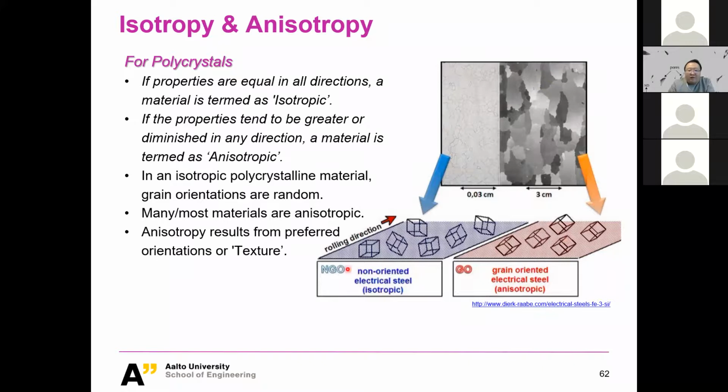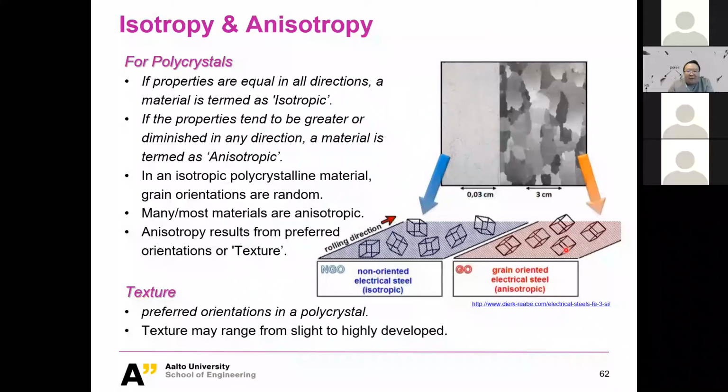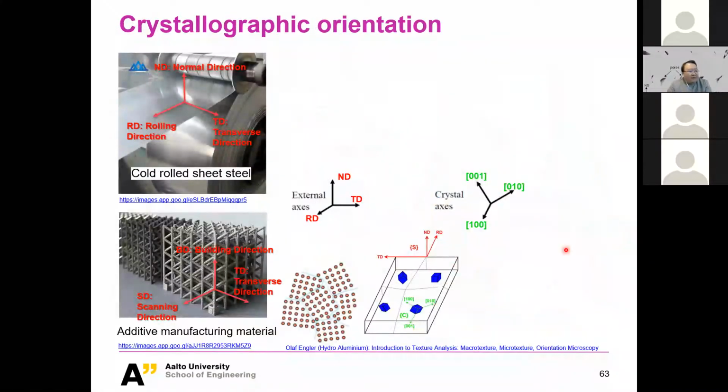For such a thing, we call it texture, meaning the material has a certain texture. We will not go into too much detail, since the time is limited. So I will just give a touch of it. Ms. Wenqi Liu will give you a more proper explanation about these parts.